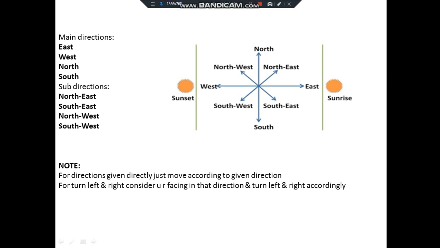But whenever left and right is given, suppose if you are going in north direction, if it is your right, you will move towards east direction. Suppose a person moves in the south direction and he moves towards left, means he moves towards east direction, or he moves towards right, means he moves towards west direction. So please take it into consideration, otherwise we'll go wrong with the answers.